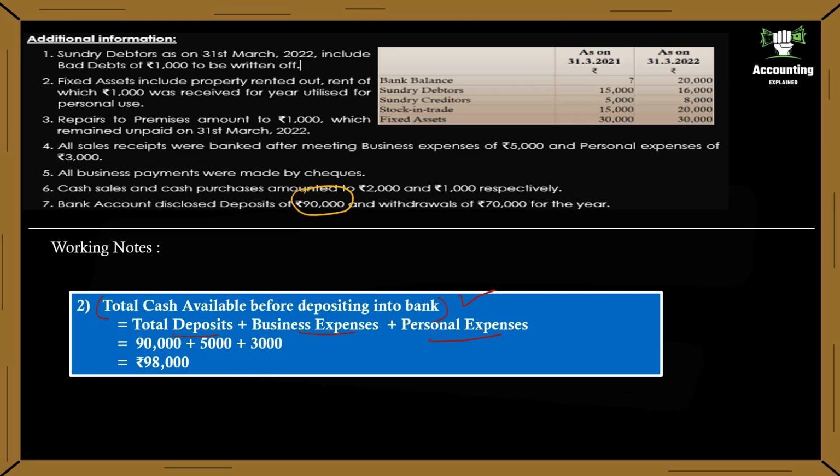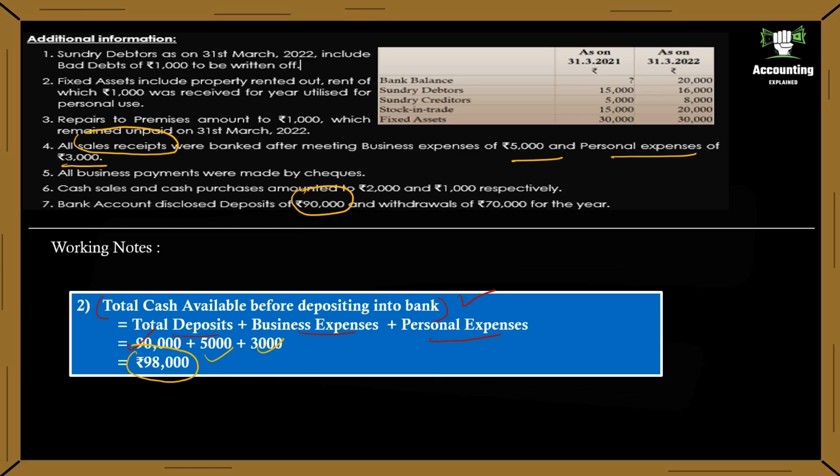So take 90,000 as the total deposits plus business expenses. Already we saw in the question, no? Business expenses of rupees 5,000 and personal expenses of 3,000 were met from the sales receipts. So these have to be added back to get the total cash available with us. So 90,000 plus 5,000 plus 3,000 will be the total cash available before depositing into the bank.